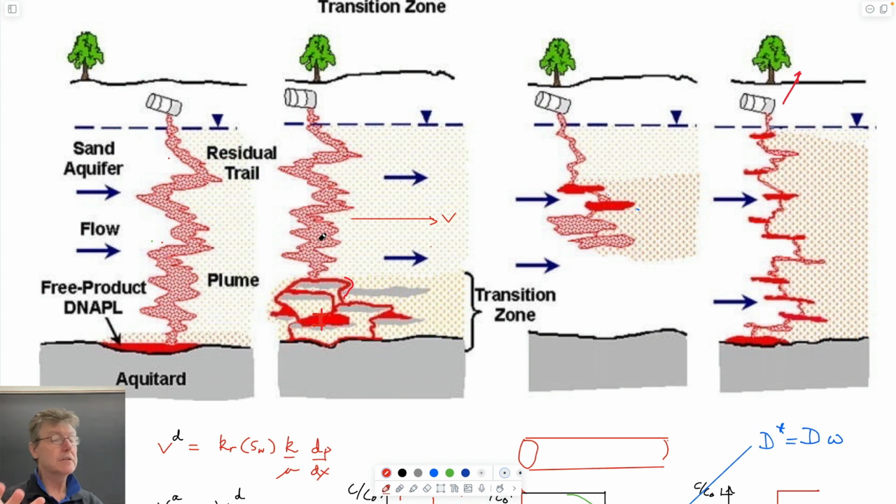We know that capillary forces are very strong and will hold it there unless we work very hard to suck out the free product, which we probably can't do very well. We also realize that if it's not going to move, then perhaps we shouldn't worry about it.